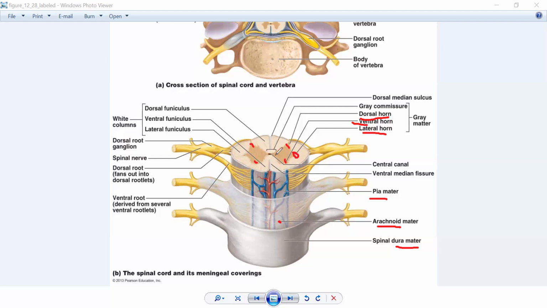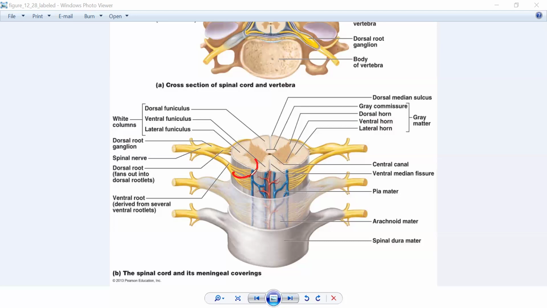What connects the gray matter in the middle is referred to as the gray commissure. And within the gray commissure, you have the little hole referred to as the central canal, where you have cerebral spinal fluid circulating within it. Let me clean this up a little bit. And what you're going to notice here is that axons are going to leave the spinal cord through what's called the ventral root.